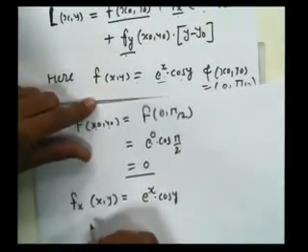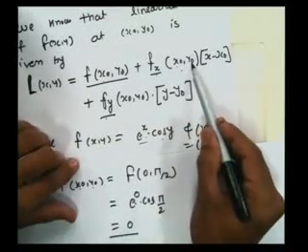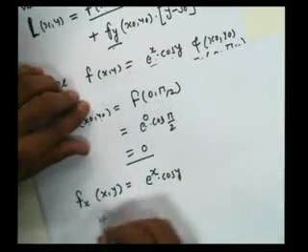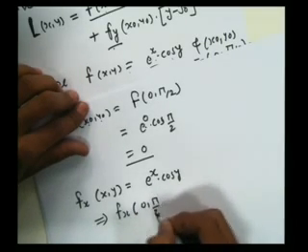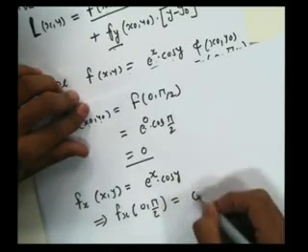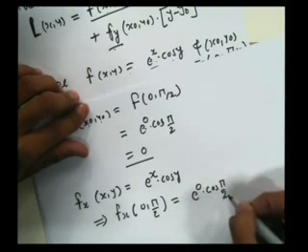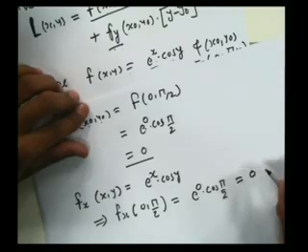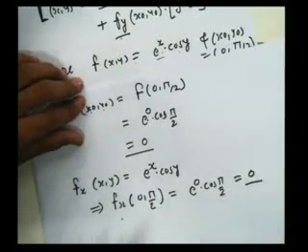Now we want to find fx at x0 comma y0. That means fx at 0 comma pi by 2 is equal to e raised to 0 into cos pi by 2, which is 0. Thus fx at x0 comma y0 is 0.